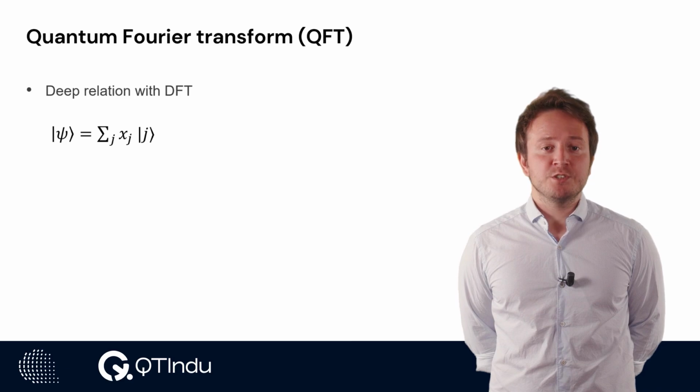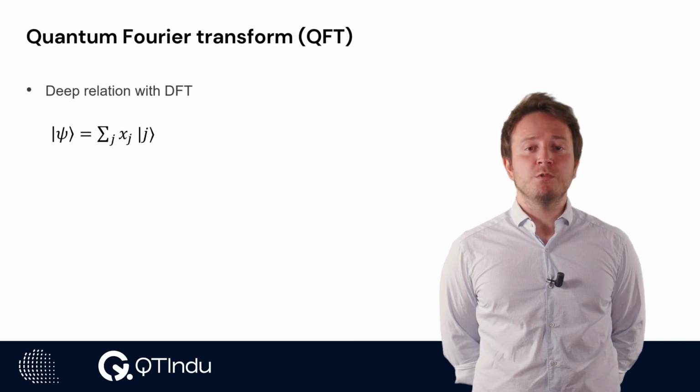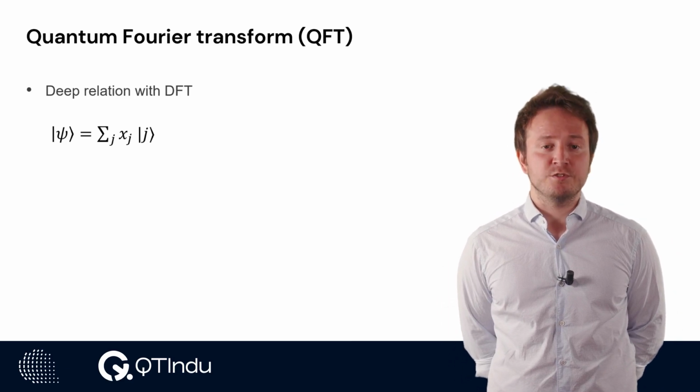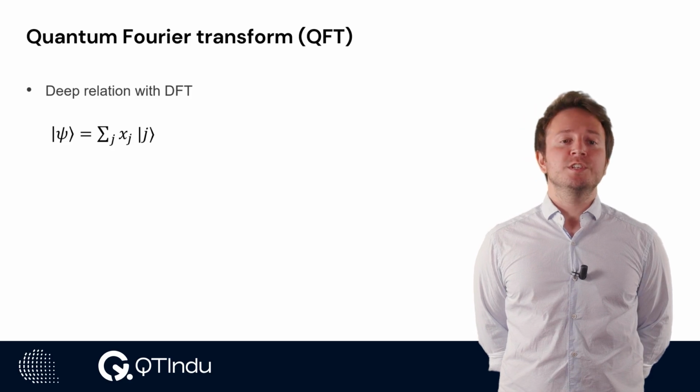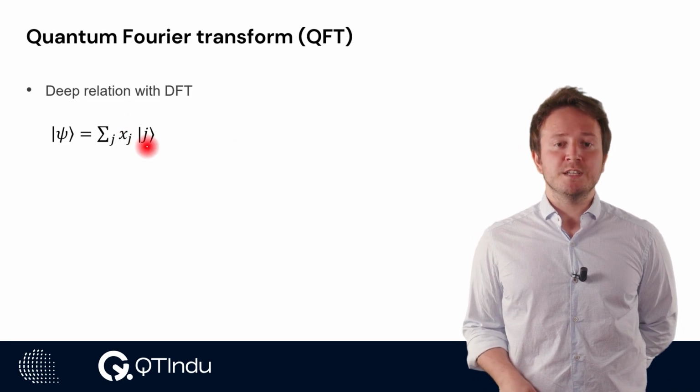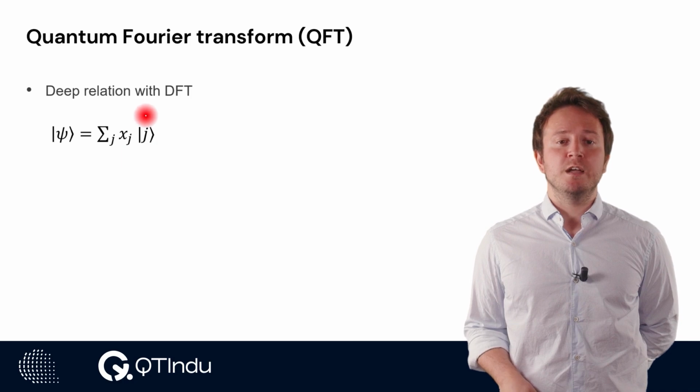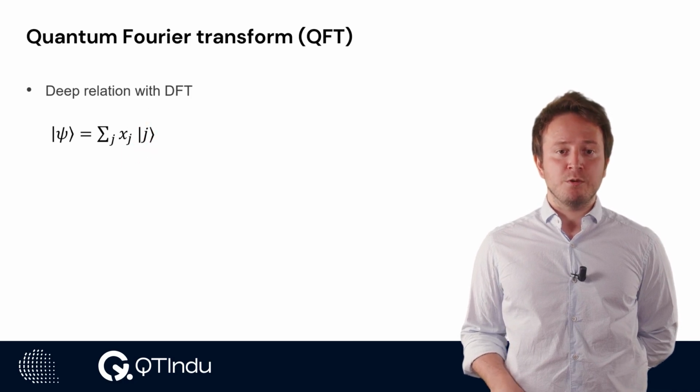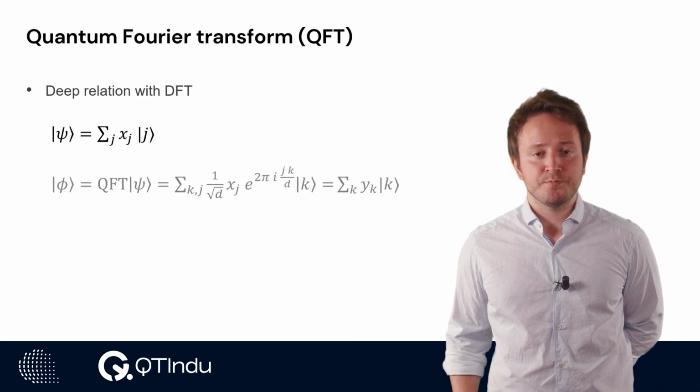There is a deep relation between the quantum Fourier transform and the discrete Fourier transform. To see this, let us consider an arbitrary input state psi, which is given by just some superposition of the basis states |j> with some coefficients x_j.